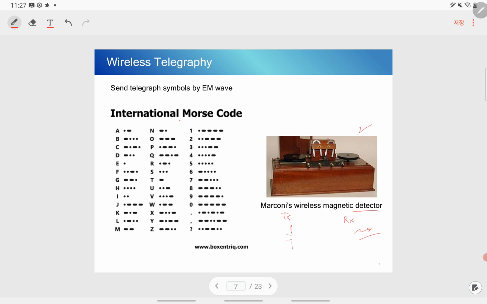He used Morse code to deliver the message in alphabet. The small one is a dot, this is a dash. With this sound, they can communicate. They use the sound as a detection of the signal, from spark to sound. This is code based, so we call it wireless telegraphy.